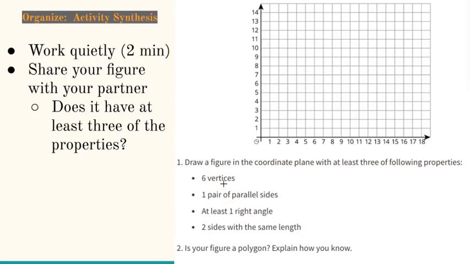Usually we call it something like a corner. Parallel sides, what does that mean? The sides are completely equal to each other as far as their distance from each other. It doesn't mean they're the same length, but it does mean that they stay apart by the same amount and that they never cross. And a right angle means that it's a 90-degree angle.